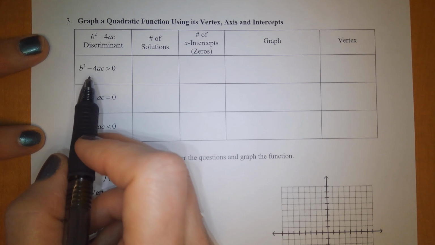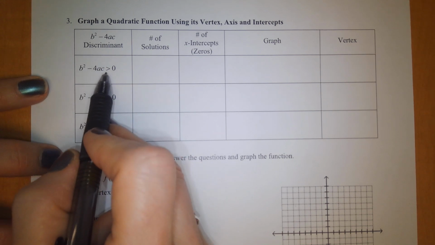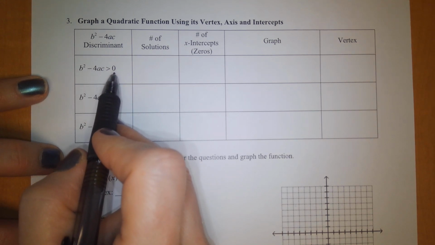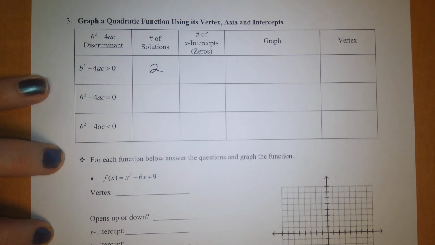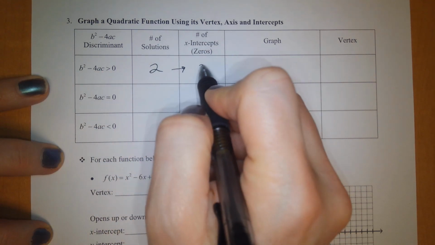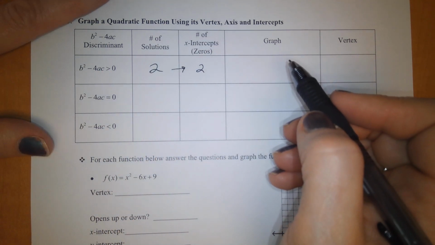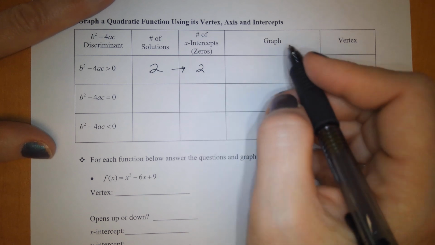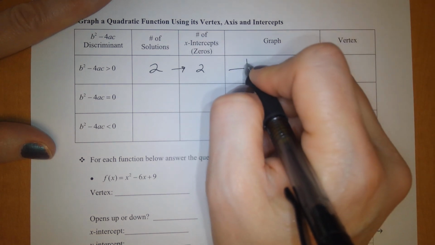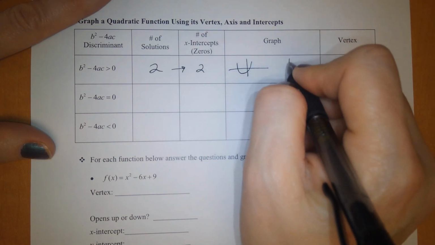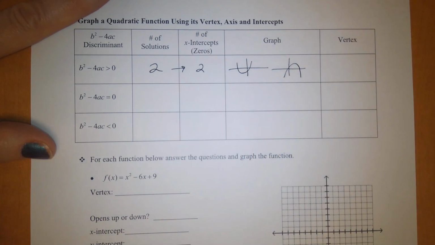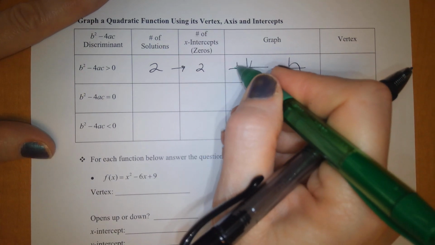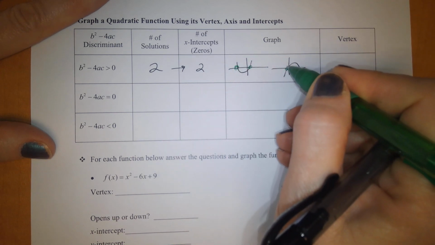If the discriminant is a positive number, meaning greater than 0, that means you have two real solutions, which in turn indicates you have two real x-intercepts. So the graph is either going to open up or it's going to open down, but you can see that you do have two x-intercepts either way.